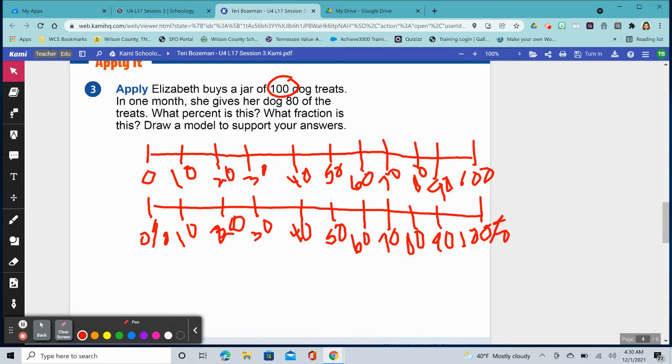Okay, so if she gives her dog 80 of the treats out of the jar, then that matches up with 80%, and that 8 is really horribly drawn, but that's what that says. So 80% of the treats.